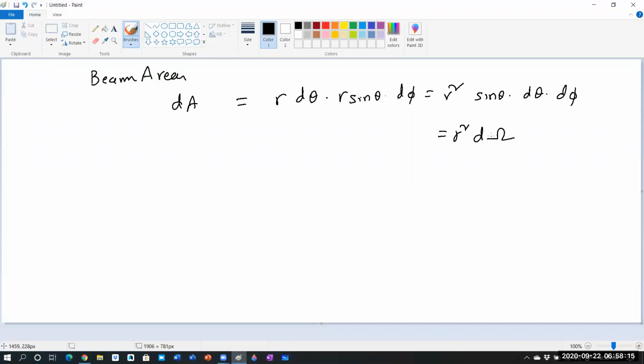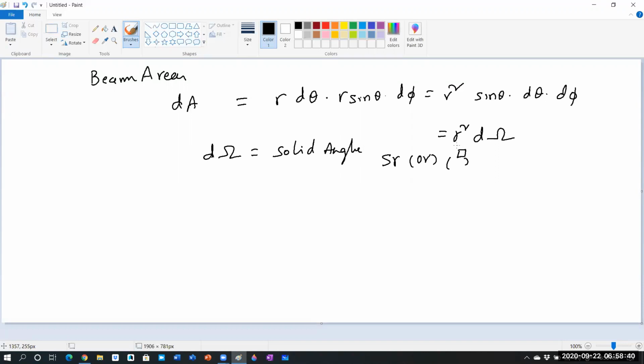a solid angle. D omega is a solid angle, which is expressed in steradians or square degrees. So what is a steradian and what is a radian?